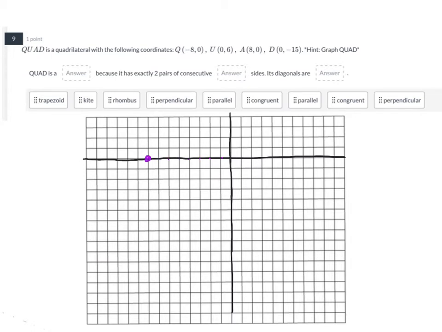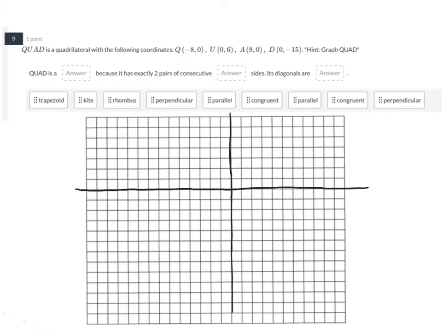It's negative 8, 0. I'll put point Q here. 0, 6. Oh no, I didn't make my graph big enough. Darn. I can fix that. All right, try it again.